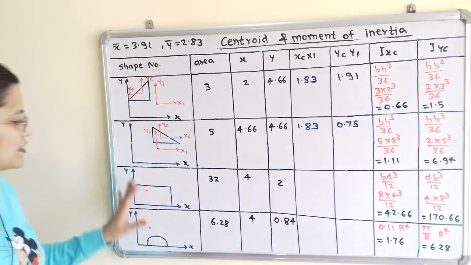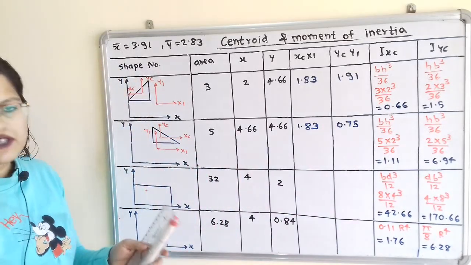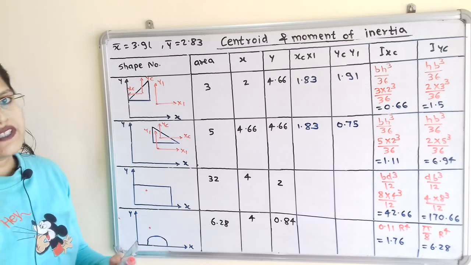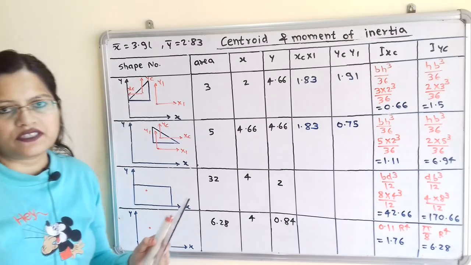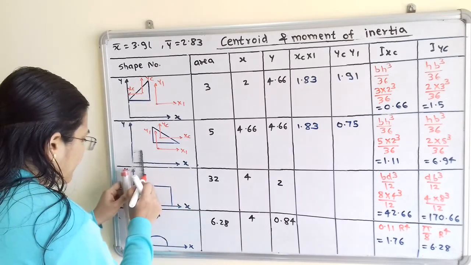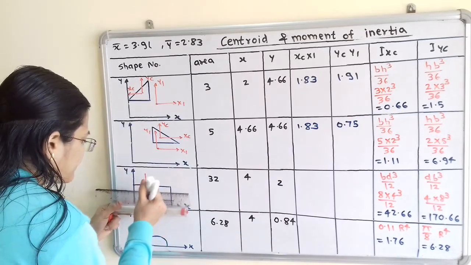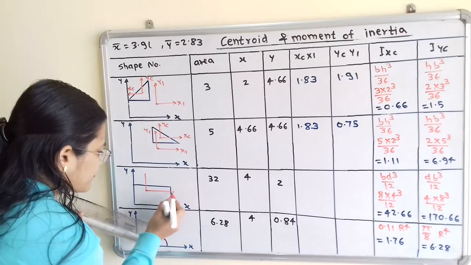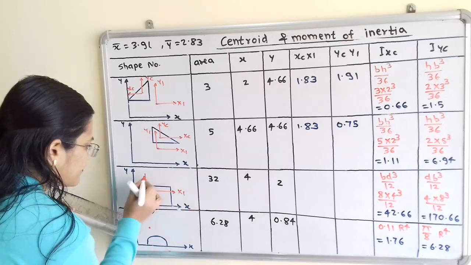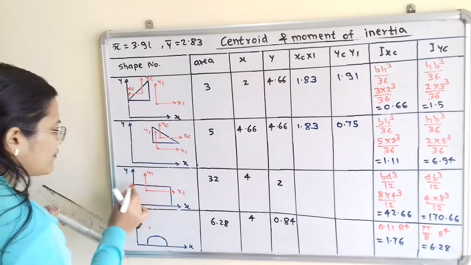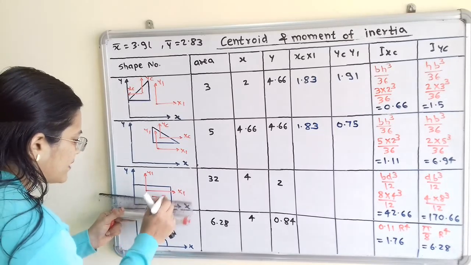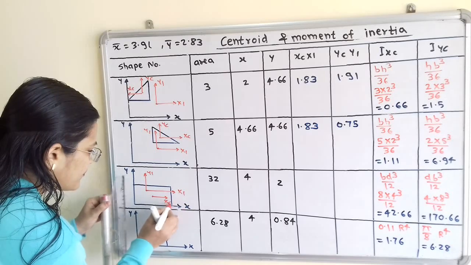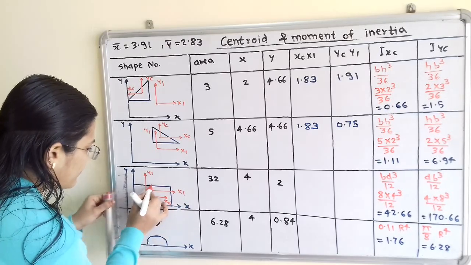Now we will move to shape number 3. So here also we have to show the centroid of the whole shape, and we will show the axes passing through it, that is x1 and y1. Now we will show the centroid of this rectangle, that is the center point, and the axes are xc and the vertical axis yc.